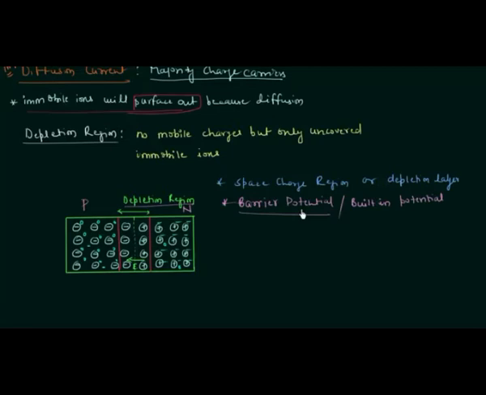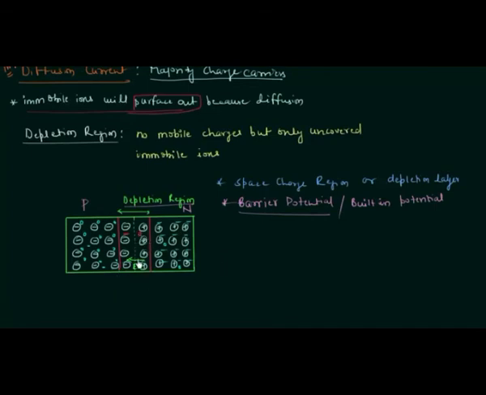We are done with the majority charge carriers. We have seen there is diffusion current because of the movement of majority charge carriers, and after the formation of the depletion region, the majority charge carriers will not combine with each other, and hence there is no movement of majority charge carriers. As we already know, in a p-type semiconductor electrons are the minority charge carriers, and in n-type we have holes as the minority charge carriers.